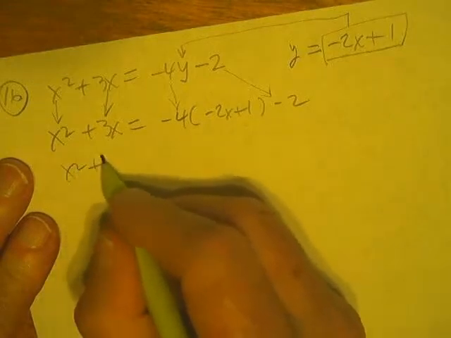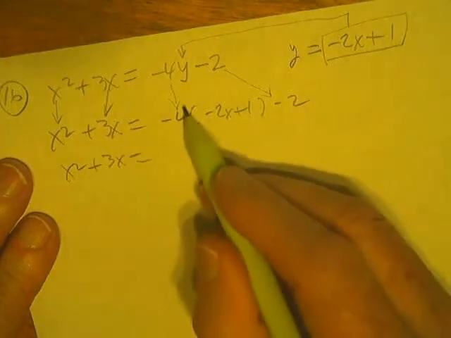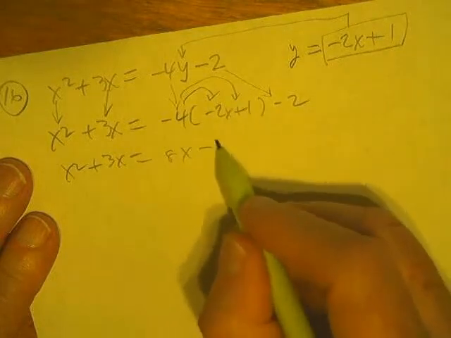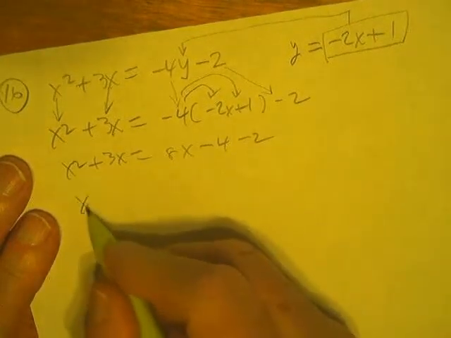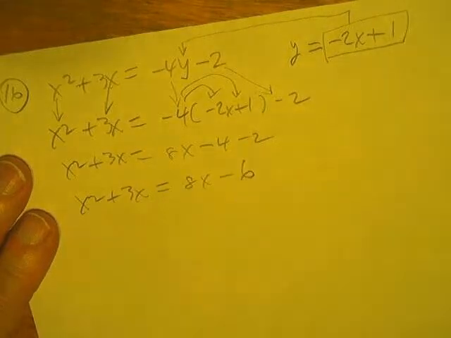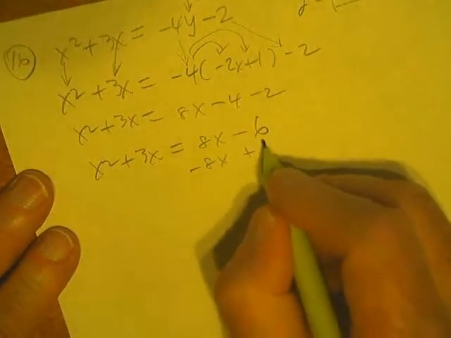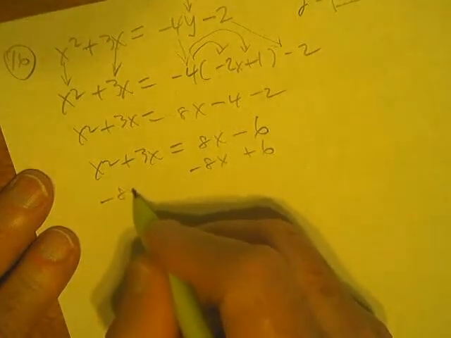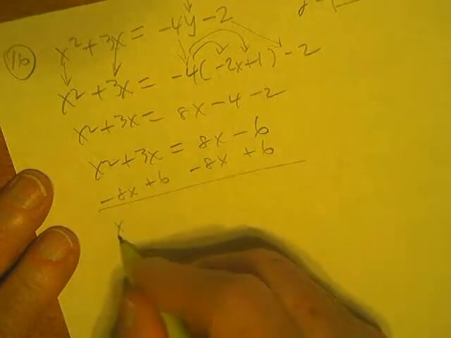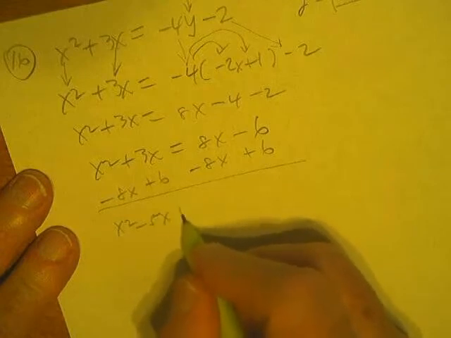X squared plus 3x equals, let's see, that's going to be 8x. This is going to be negative 4. X squared plus 3x equals 8x minus 6. Let's subtract 8x and add 6 to both sides. X squared minus 5x plus 6 equals 0.